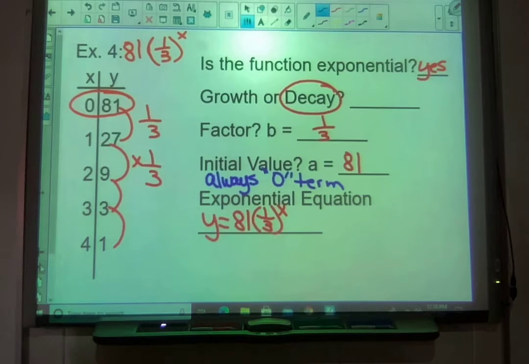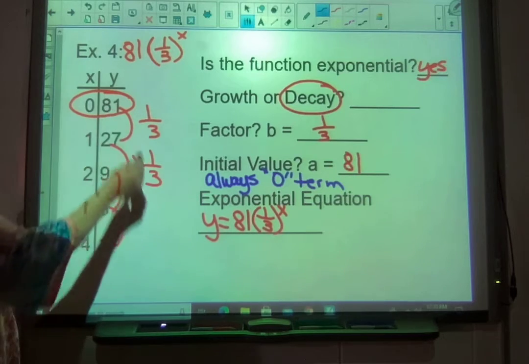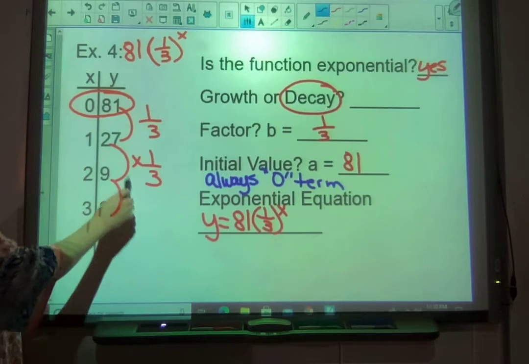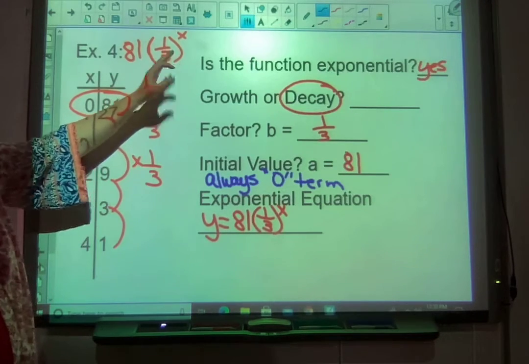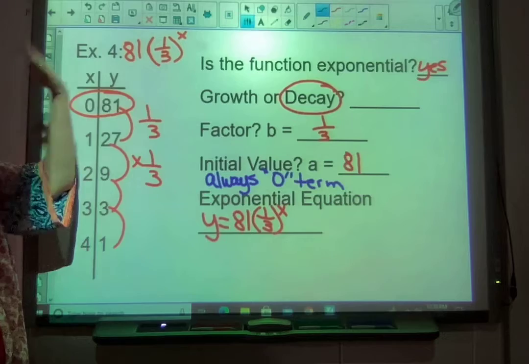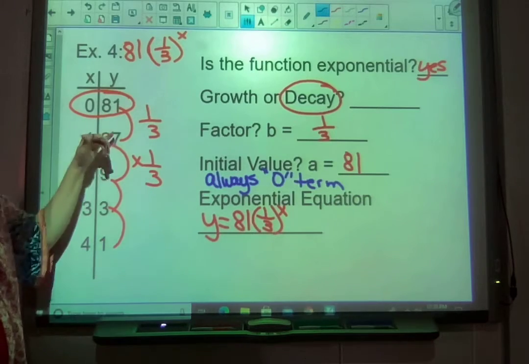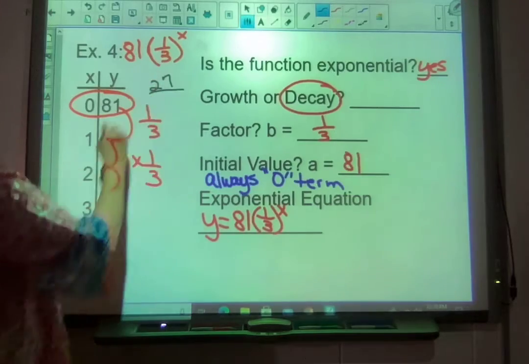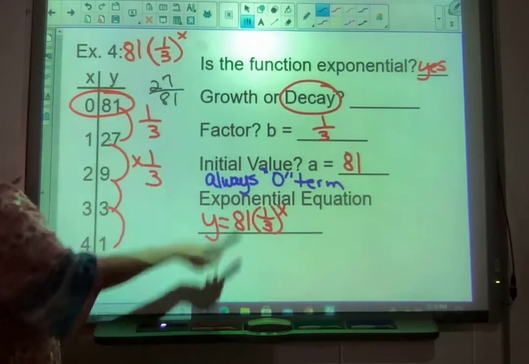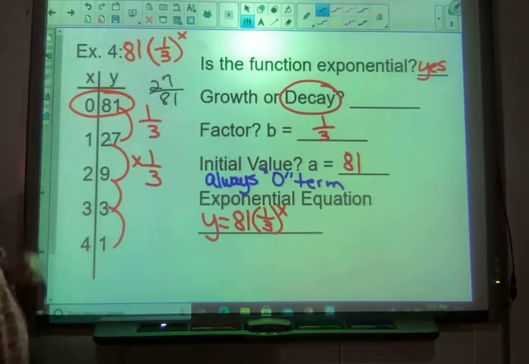Okay. Is this function exponential? You have to look and see what you're doing. You're multiplying by a third or dividing by 3. Now, when we write our function, we write it as what we are multiplying by to get there. You can do 27, this number, divided by 81 in your calculator. It'll give you 1/3. So that's how you find that.